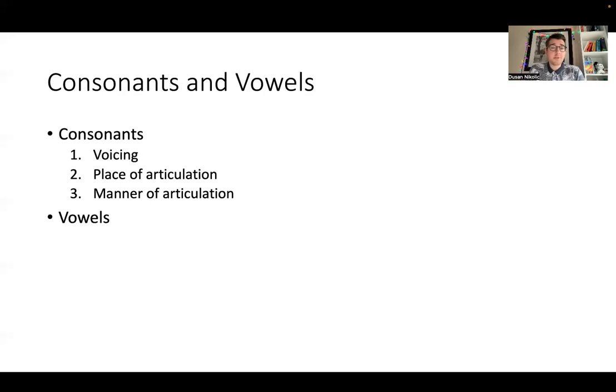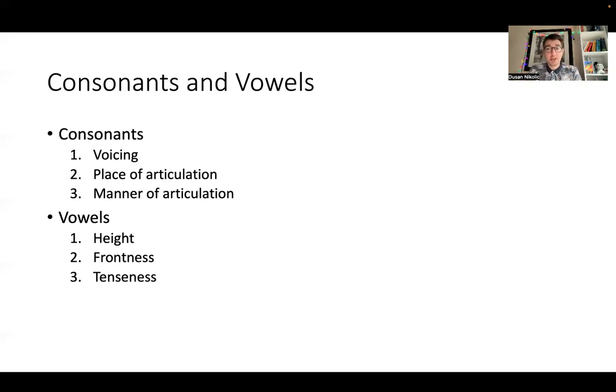And finally, we talked about vowels. Vowels can be described in terms of tongue height and tongue frontness, where the tongue is in your mouth. Is it high, as in E, or is it low, as in A? Is it front, as in A, or is it back, as in U? Then we talked about tenseness, which is the general degree of tension with which we tend to produce certain vowels. There are tense and lax vowels.